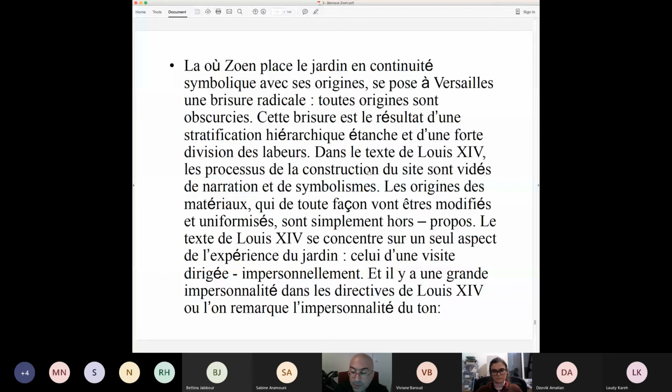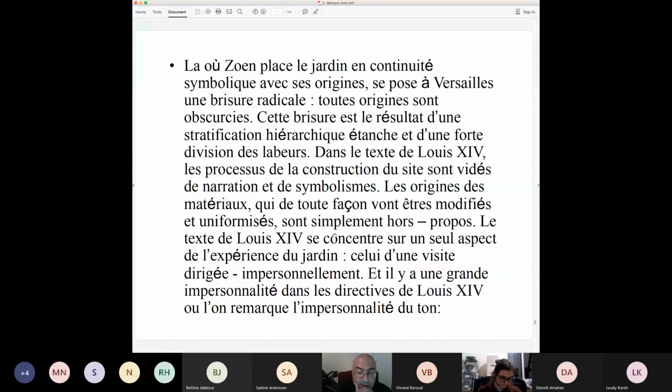So the text of Louis the XIVth, in fact, concentrates itself on a single aspect of the experience, whereas Zoen concentrates on looking for the stone, on transporting the stone, on the way the stone. Louis the XIVth concentrates on a single experience, and that of an impersonally directed visit to the Garden of Versailles.